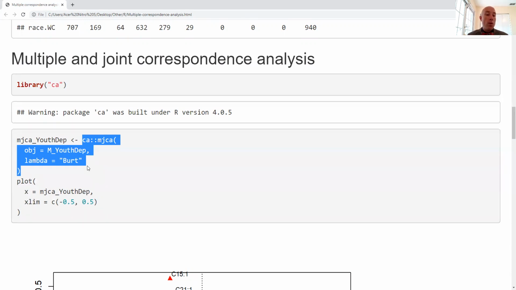Then it's going to take the first two eigenvalues from the Burt matrix and the corresponding first two eigenvectors, and then we're going to take a plot and look at what's going on. Since this is a symmetric matrix, we know that it's going to be unitarily diagonalizable. We have a lot of nice properties whenever we have a symmetric matrix.